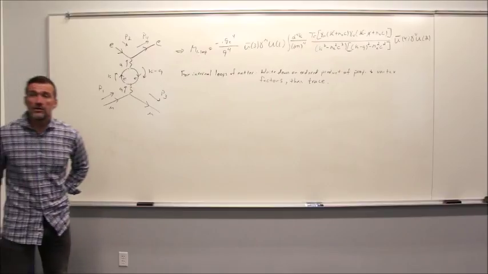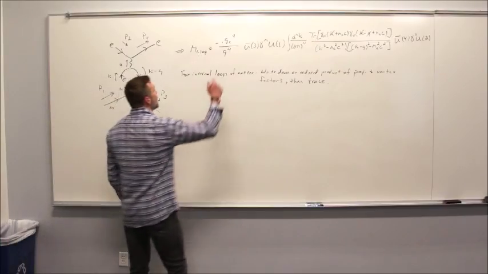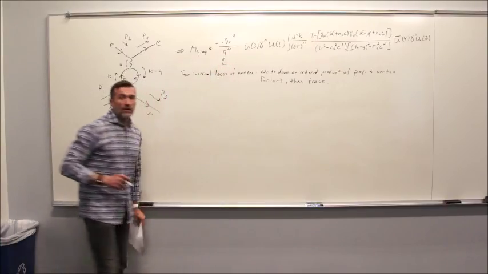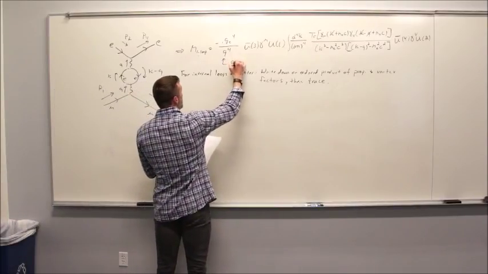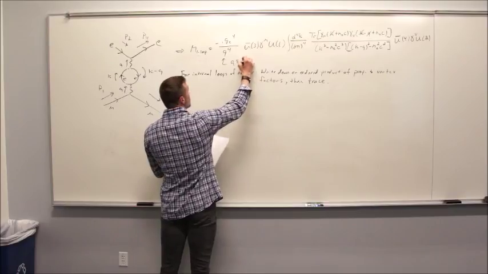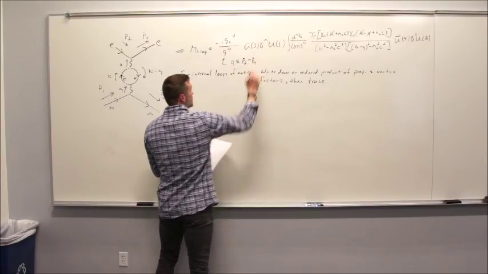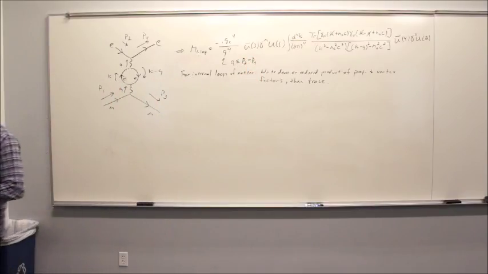No. You should not have an integral over Q, because Q is actually going to be directly related to the change in momentum from 2 and 4, or the momentum exchanged between these two.